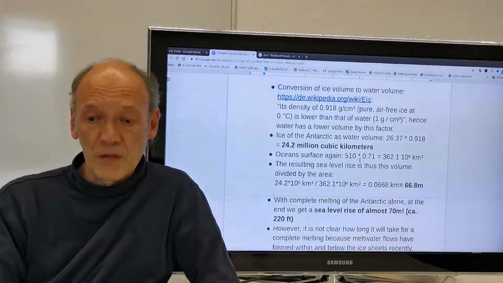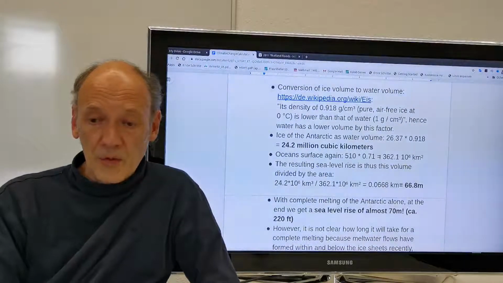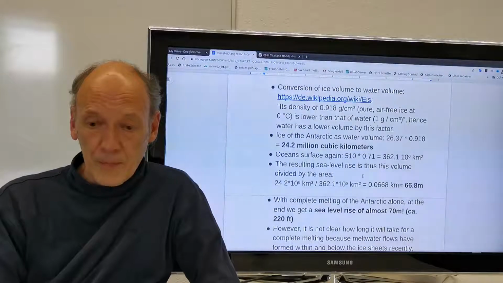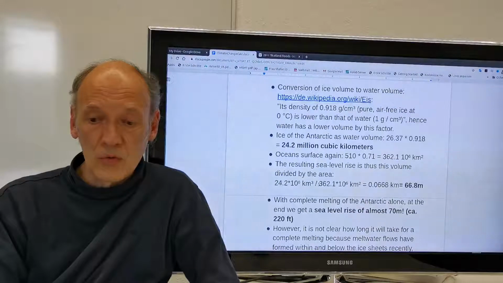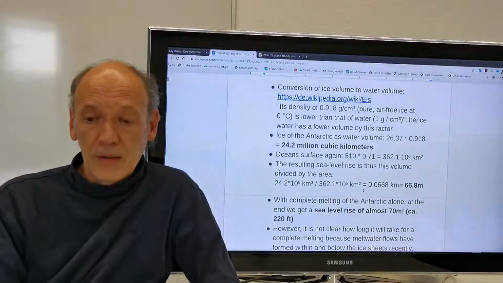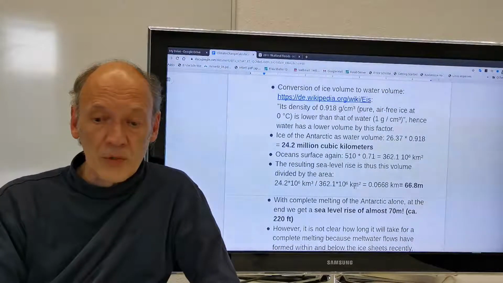Again, we divide it by the area of the oceans and we get the resulting sea level rise. Here is the volume of water from Antarctica, and this is the area of all the oceans. Here I have the unit of kilometers, so we get the result also in kilometers.